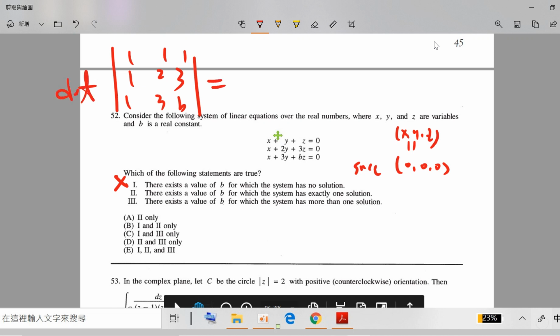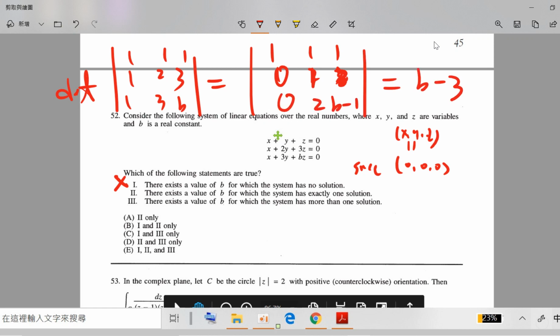This is how we first compute this. We use Gaussian elimination. We get 0, 1, 2. This is 0, 2b minus 1, b minus 3.